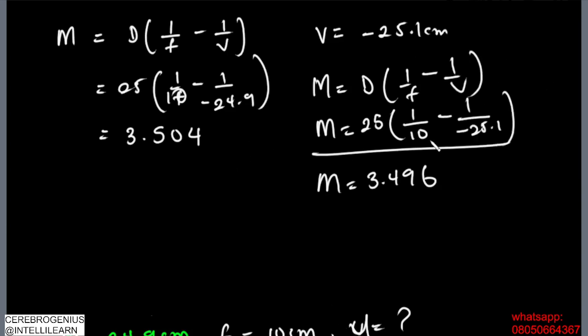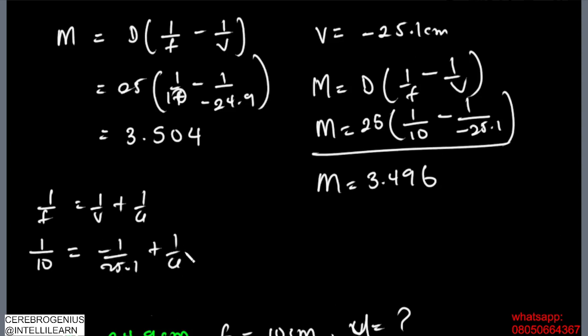So you can also try for if it is not functioning as a microscope. Let's assume, although it's supposed to function as a microscope here, that it's not functioning as a microscope. We have to get the value of u. So we're going to say 1 over f is 1 over v plus 1 over u. So you get 1 over 10 equals 1 over minus 25.1 plus 1 over u.